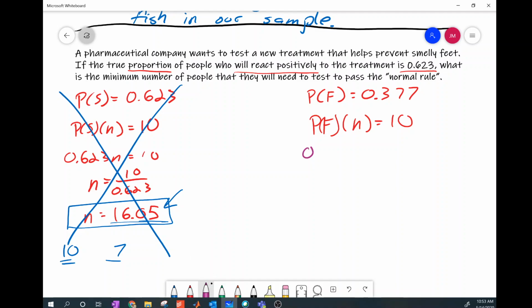And probability of failure, so that's 0.377 n equals 10. So n will equal 10 divided by 0.377, which I put in my calculator. I'll get n equals 26.52.